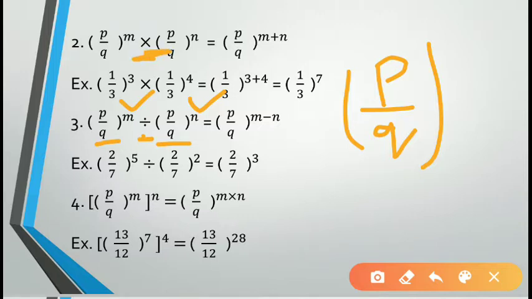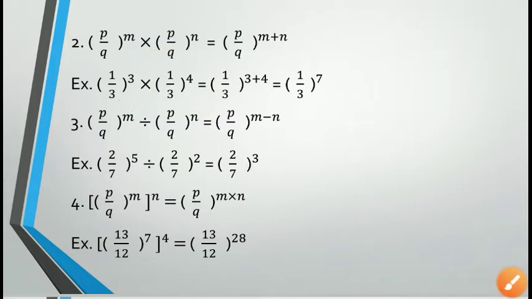Here the sign was multiply, therefore the powers were added. Here the sign is divide, therefore the powers will be subtracted. The powers are m and n, so we write m minus n.